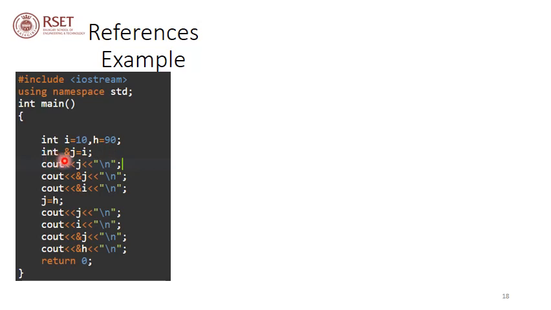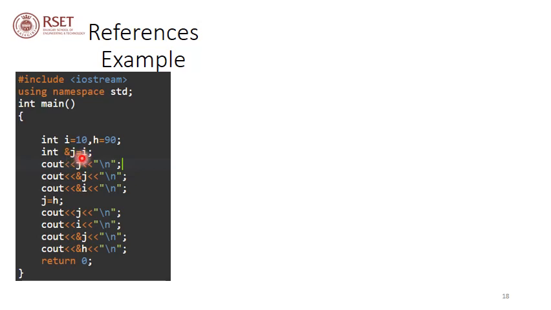And then I am initializing a reference called j. You can see that reference variables are preceded by an ampersand symbol. So j is a reference variable and it will be an alias for i, an alternative name for i. That means both j and i will now point to the same memory location. So you have to keep this in mind.